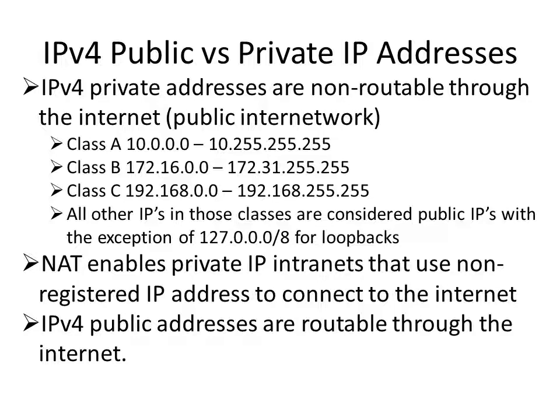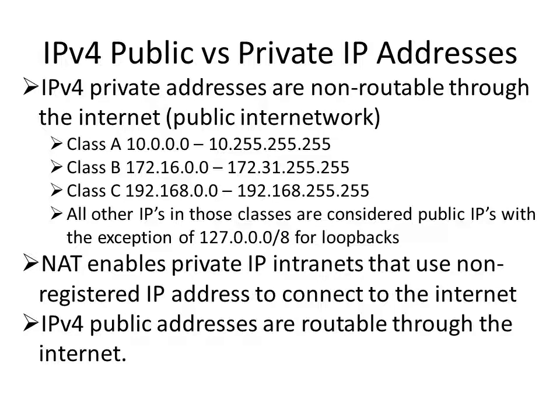Class B private IP addresses range from 172.16.0.0 to 172.31.255.255 with a mask of 16, and Class C private IP addresses go from 192.168.0.0 to 192.168.255.255 with a mask of 24.